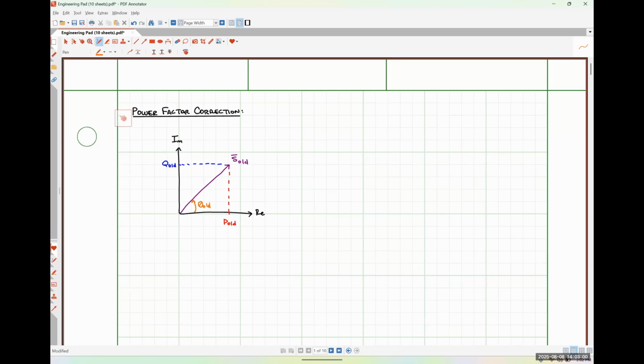Smaller, because the power factor is simply the cosine of the power factor angle, and cosine of 0 is equal to 1. So if we want to get our power factor closer to 1, we want to make that angle closer to 0. Okay.